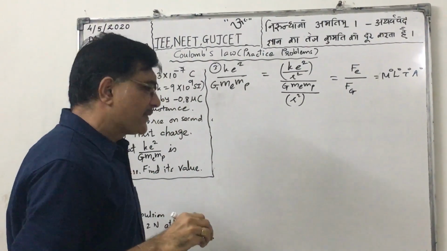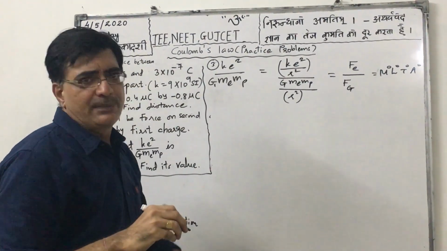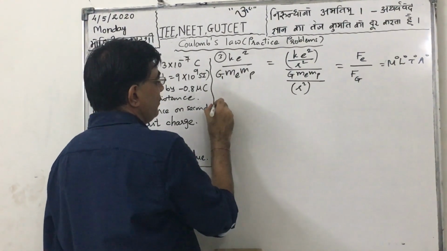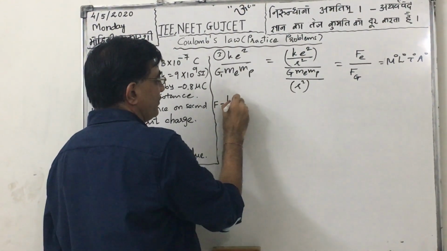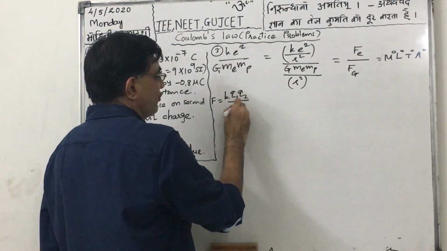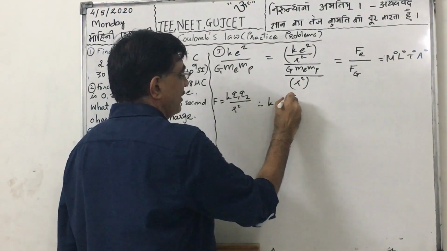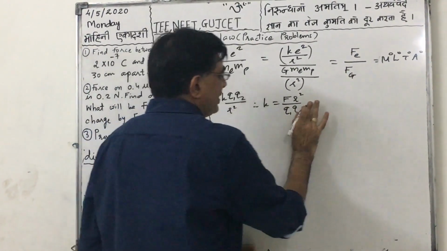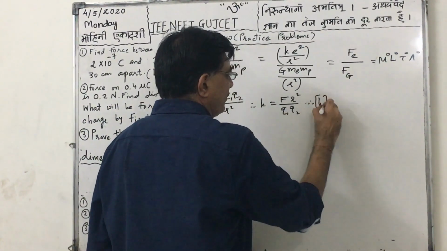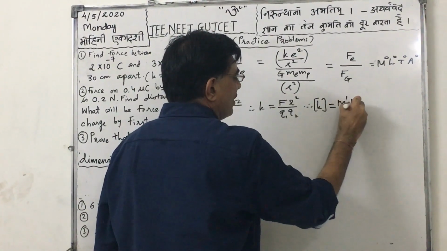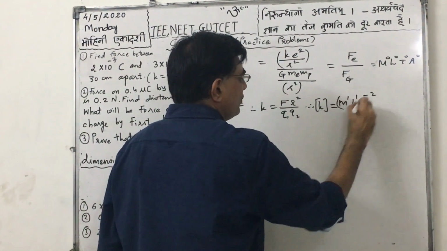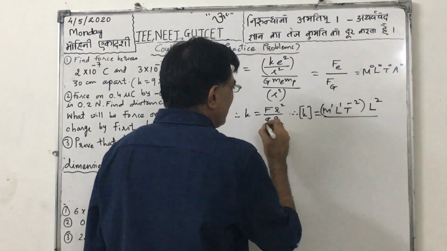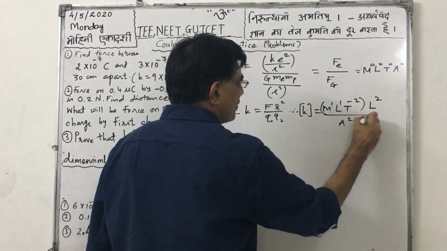But if they ask us to prove it by putting the dimensional formulae, then first of all we have to derive it for K. F equals K Q1 Q2 upon R square. From that, K will be equal to F R square upon Q1 Q2. So the dimension formula of F is M1 L1 T minus 2, R square is L square, divided by charge square, ampere square.